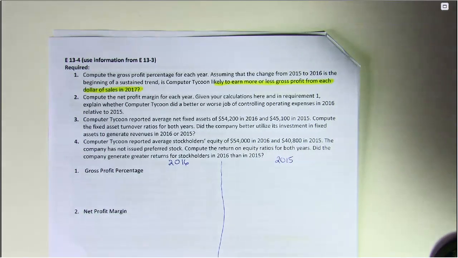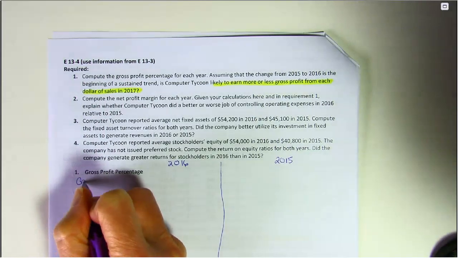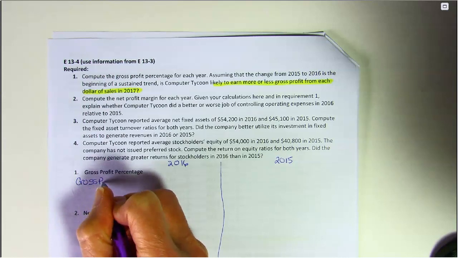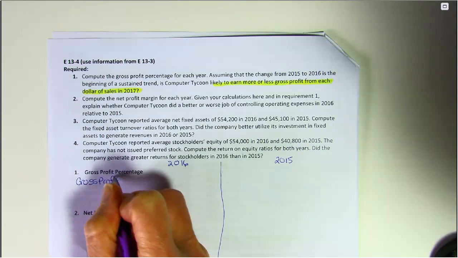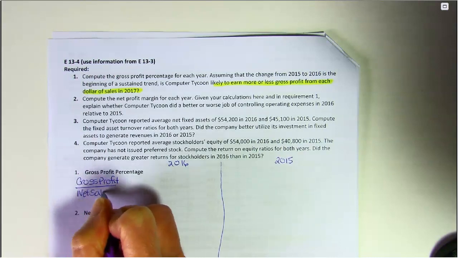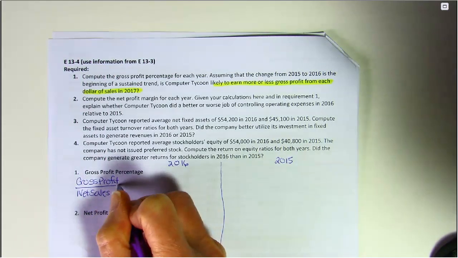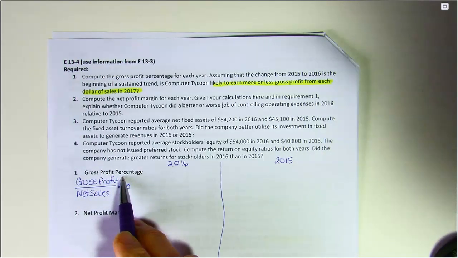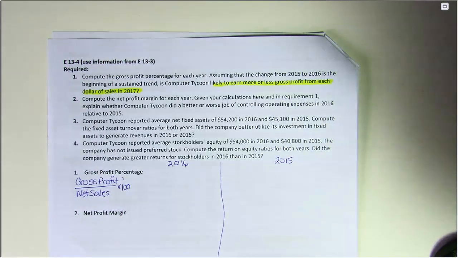And I'm going to write down my formula here. It's the gross profit, which is sales minus the cost of goods sold, divided by net sales. And then I'm going to multiply it by 100 to change it to a percent, and then round to 1 decimal place. And by the way, in Connect, they will tell you the number of decimal places to round things.